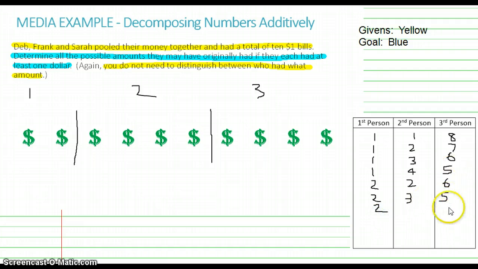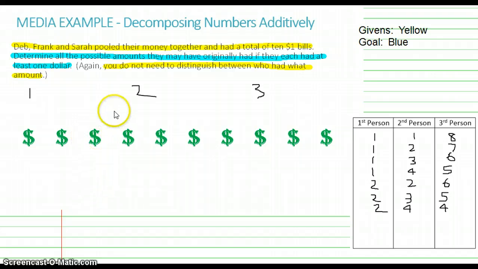And 4 is not in this last column, so that means that this is still a combination we haven't gotten yet. But notice if we made the second person go up to 5, we would have that combination here. So we're all done with the cases where one person has $2.